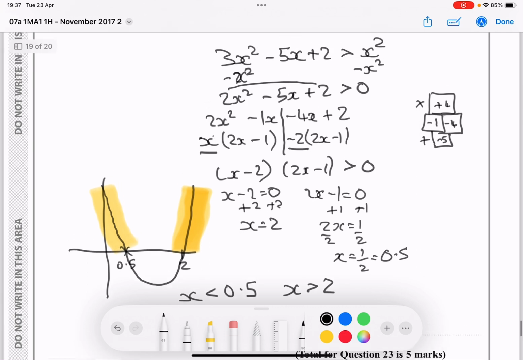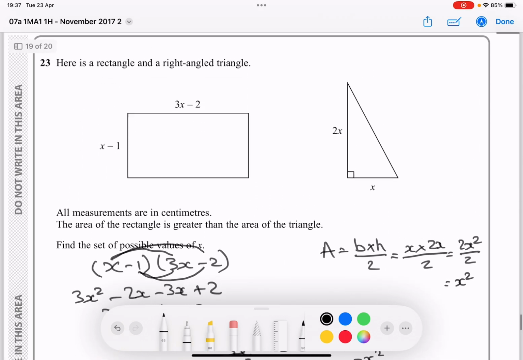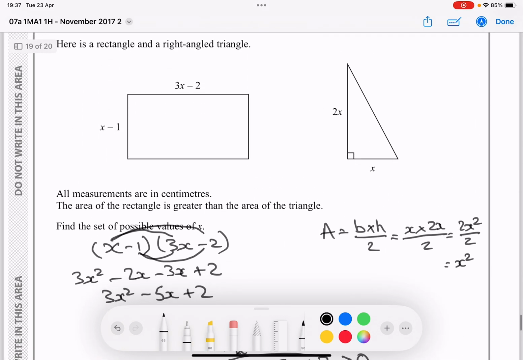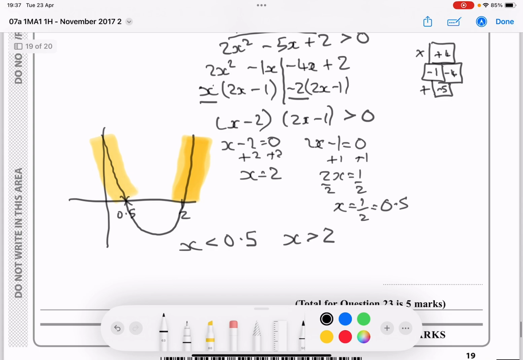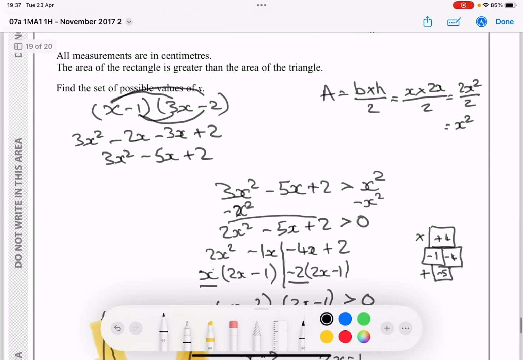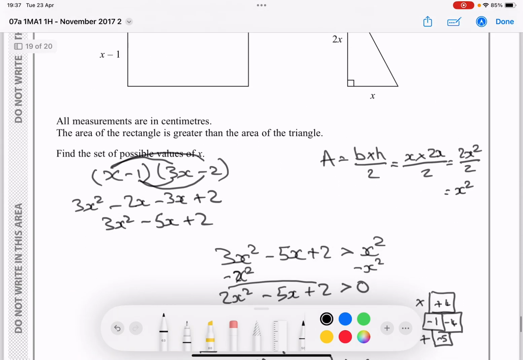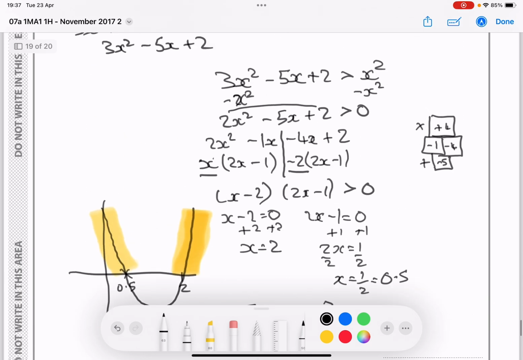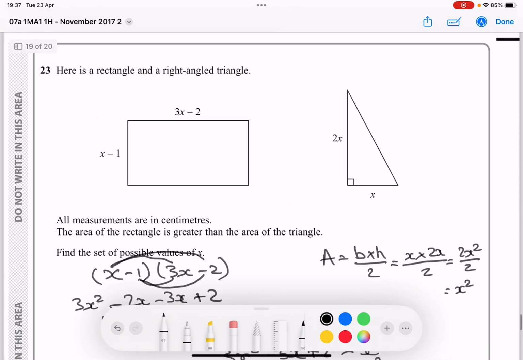Now, I then need to look at the context of the question. We're talking about lengths here. So if I look at x is less than 0.5, if I put that into here, 0.5 take 1 is actually minus 0.5.